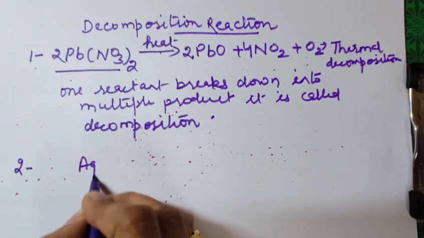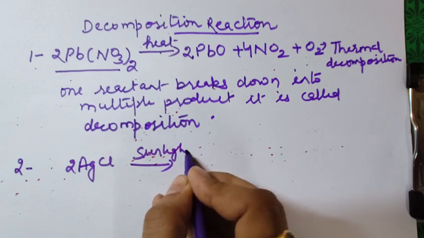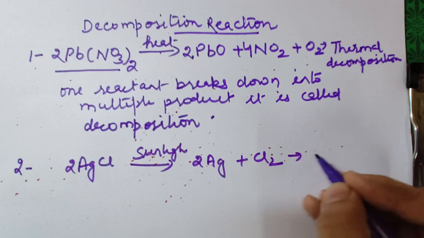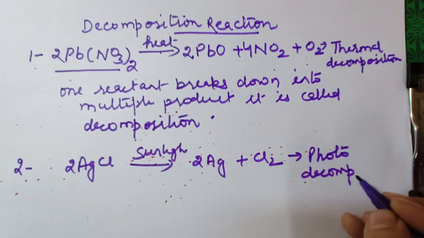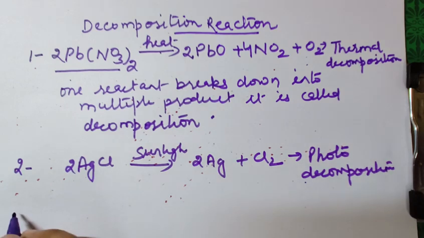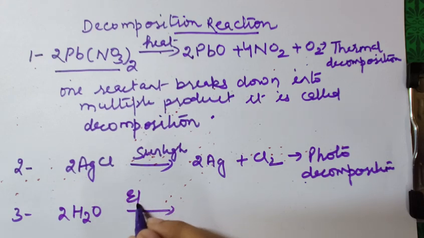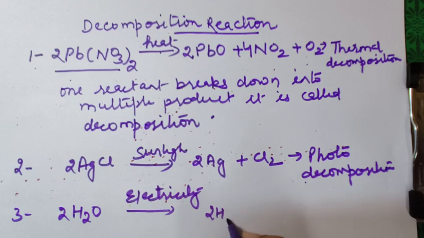If decomposition takes place by sunlight, then it is called photodecomposition. Okay, when it is taking place by sunlight, then it is called photodecomposition. And when the decomposition is taking place by electricity, it is electrolytic decomposition.